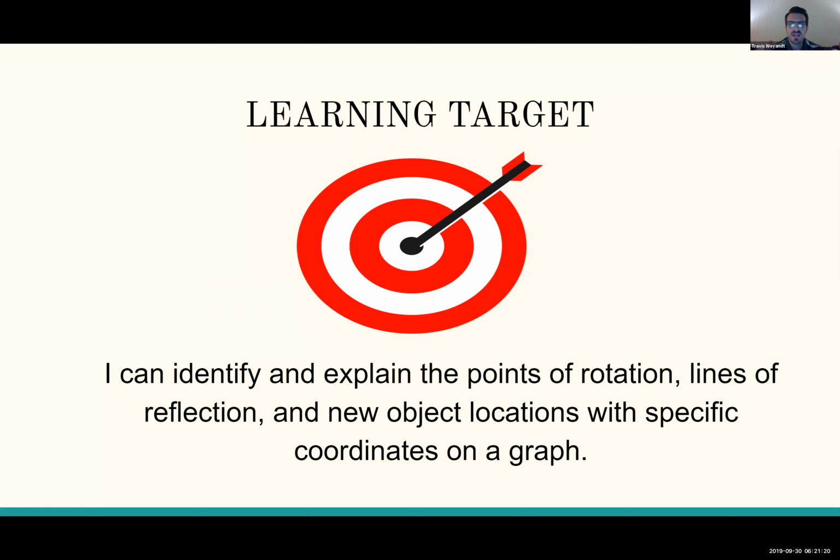How can we use that graph to help us rotate and reflect objects successfully where they need to be using the correct specific coordinates that are given to us? So again, our target is this, and hopefully by the end of the lesson, you'll be able to say this statement with some confidence.